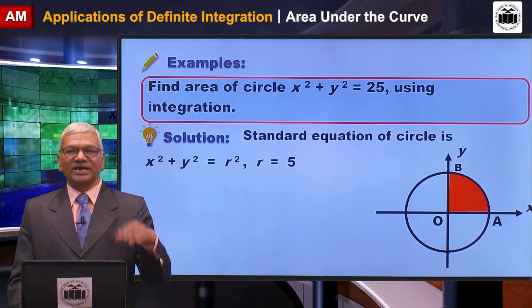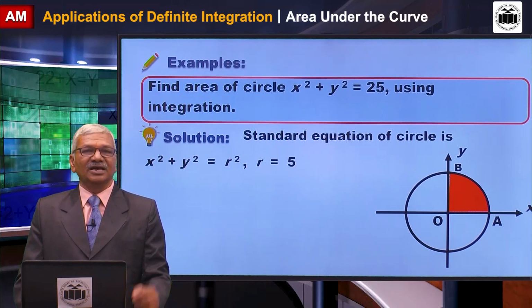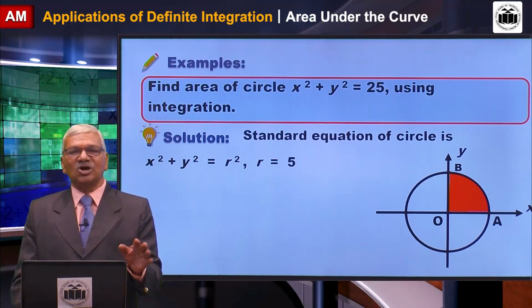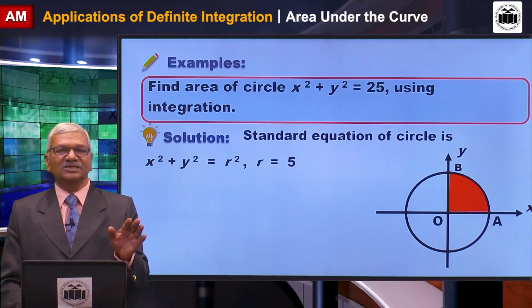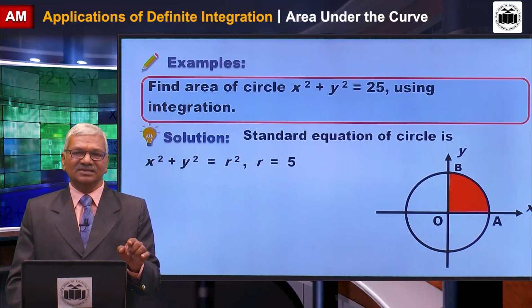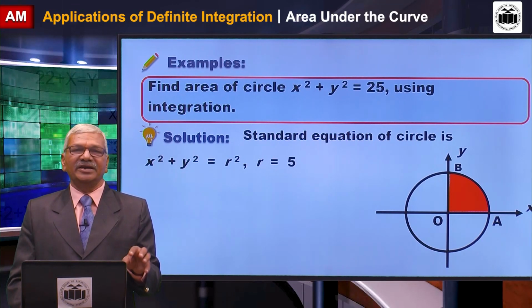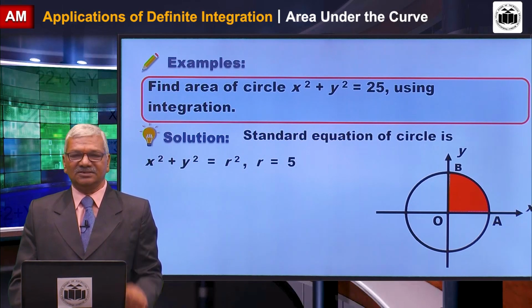If the power of y is even, then it is symmetric about the x-axis. In the equation, both the powers of x and y are even numbers. Hence, the curve is symmetric about both axes. Means the whole region is divided into 4 equal parts.